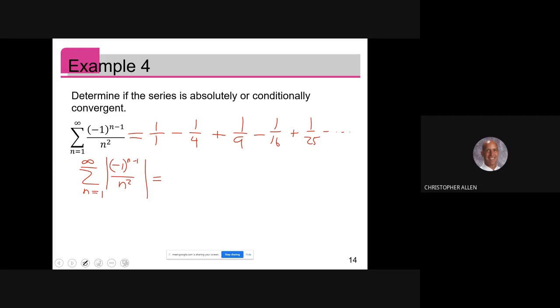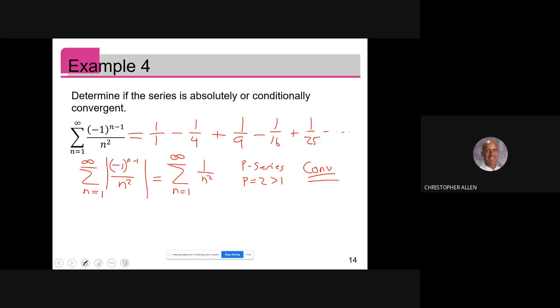It gets rid of anything that's negative. In other words, guess what it does to the alternator? Unfortunately, it kills the alternator. So we're essentially dealing with this now, right? This is a p-series. What is p here? It's greater than 1, so it is convergent.